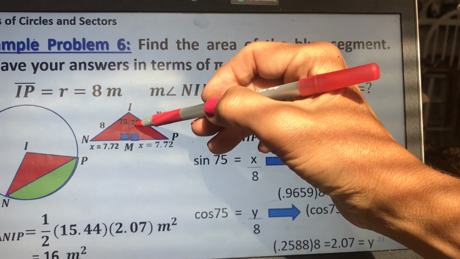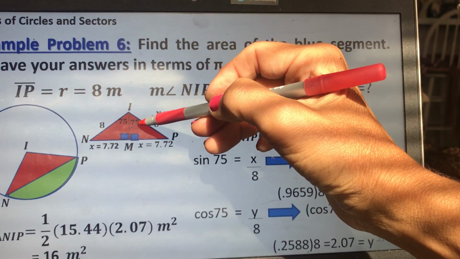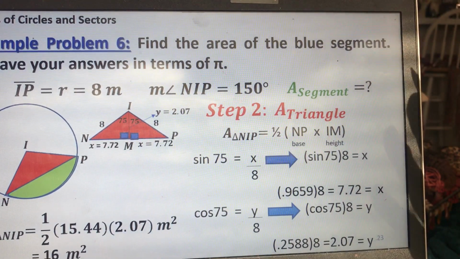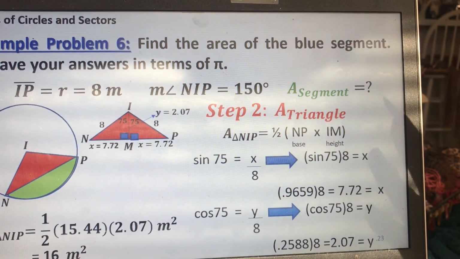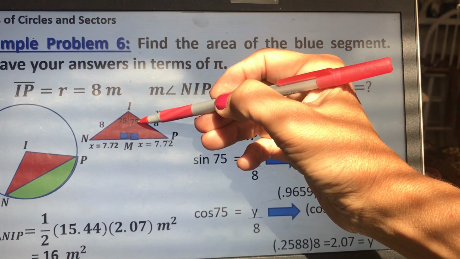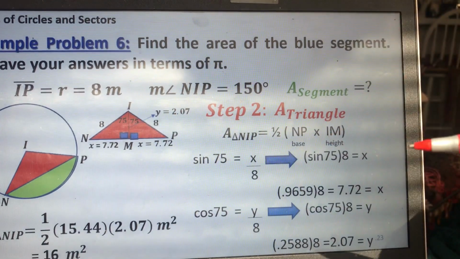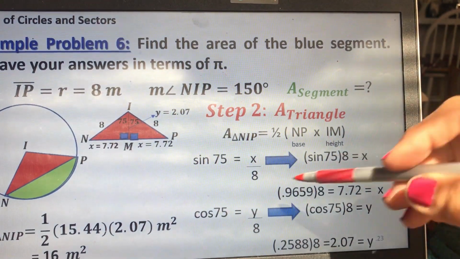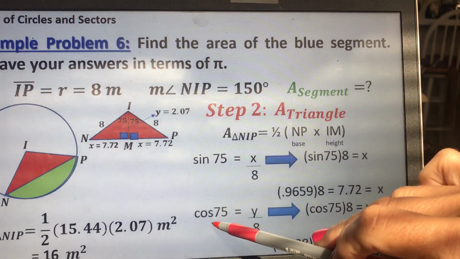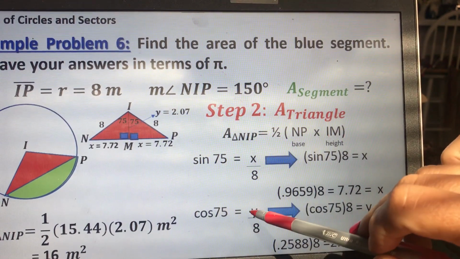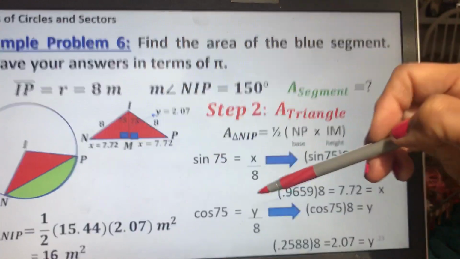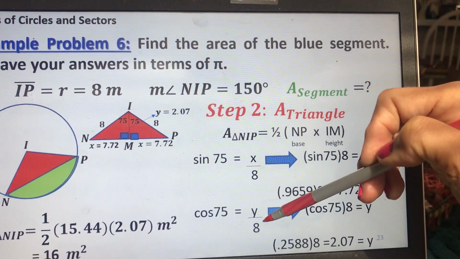Again, we have the measure of angle I, which is 75 degrees. Now, what trigonometric function would help us establish a relationship between the adjacent side of angle I and the hypotenuse of the right triangle? That would be the cosine function. We apply it, and we say that the cosine of 75 degrees is equal to its adjacent side, represented by y, over the hypotenuse, which is 8.